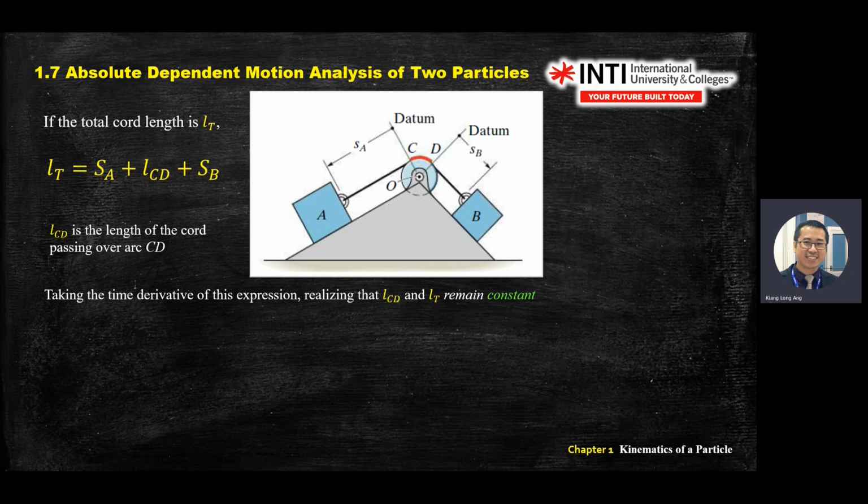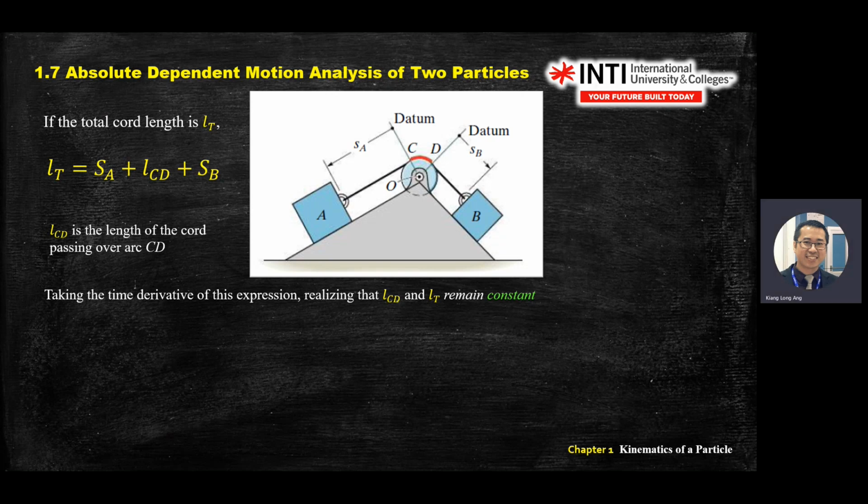So when you differentiate, SA becomes, when you differentiate position with time, what do you get? Velocity. So you get the velocity of A, VA.